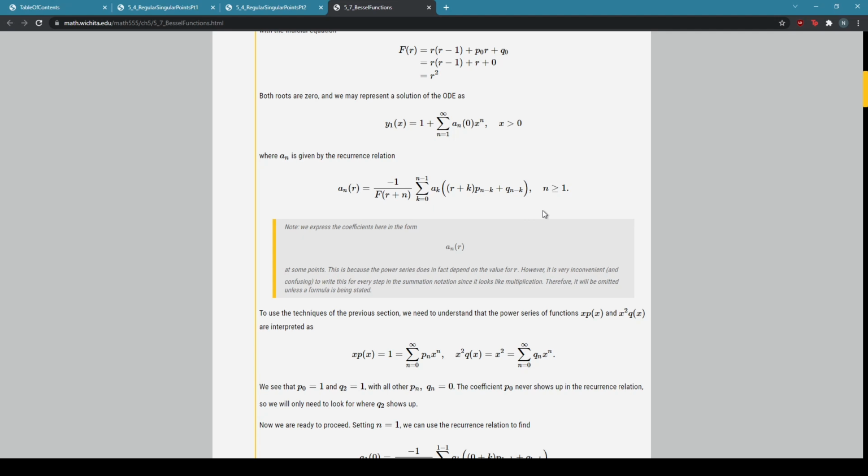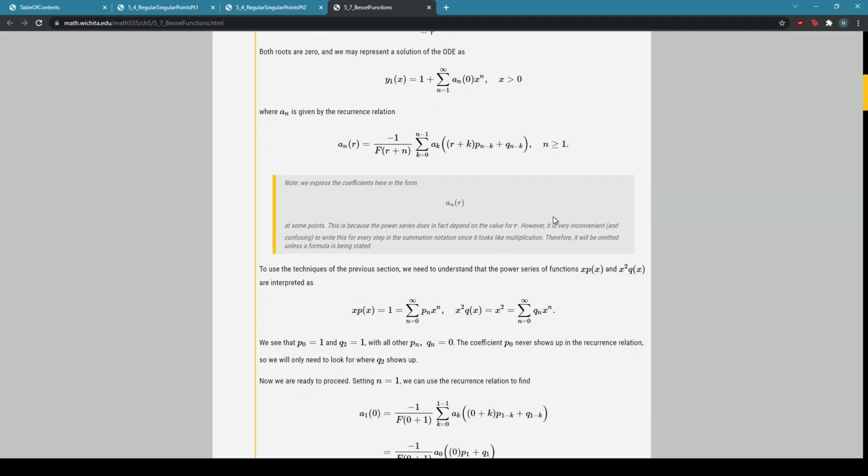All right. What we do is we take this sum, and this sum depends on those coefficients that I was talking about for x times p and x squared times q, and then also the previous terms in the recurrence relation. And then we divide by the indicial equation evaluated at r plus n.